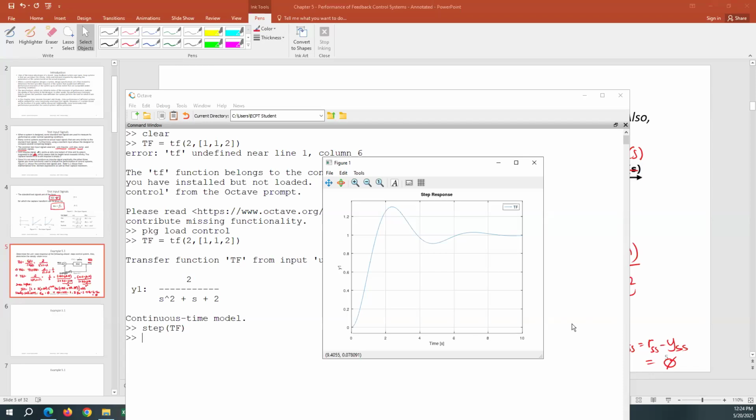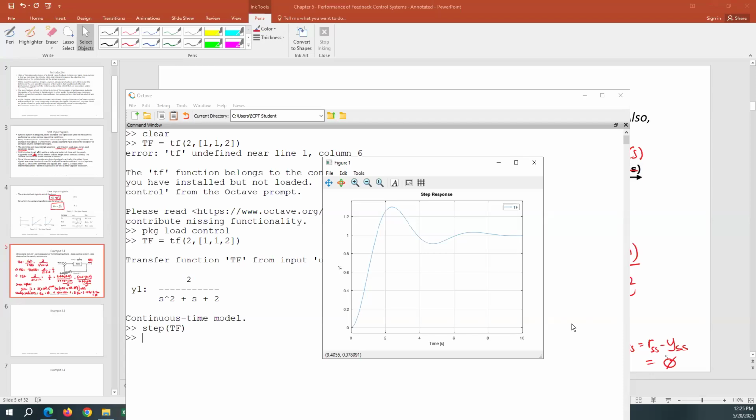So if your goal is only to plot the step response from the transfer function and then observe the characteristics of the system from that step response, then you don't really have to go through the inverse Laplace transform and all those steps to write down the time expression.